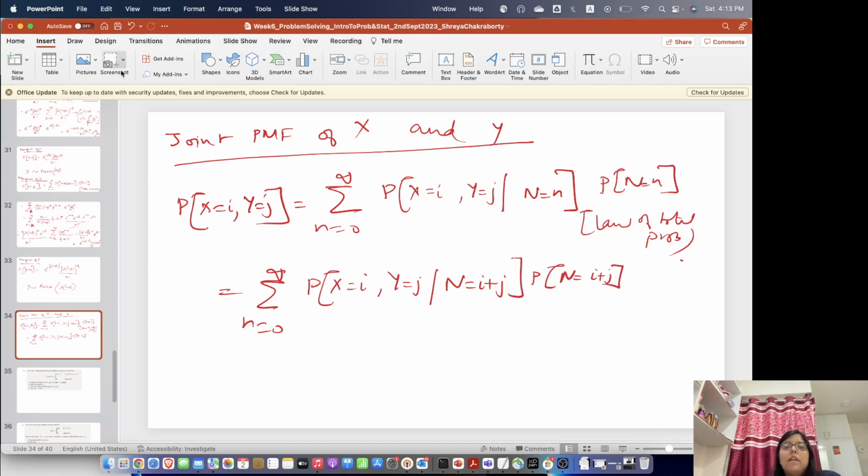Now this thing we can write as summation n equal to 0 to infinity probability x equal to i given N equal to i plus j, into probability N equal to i plus j.